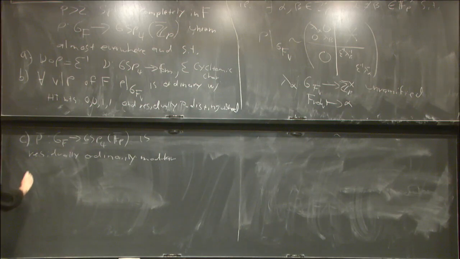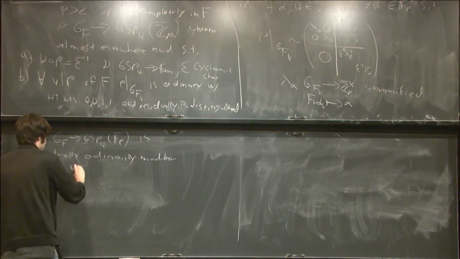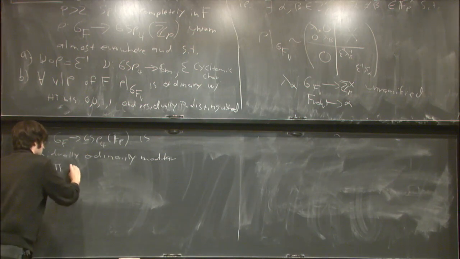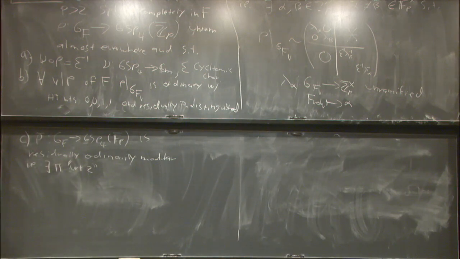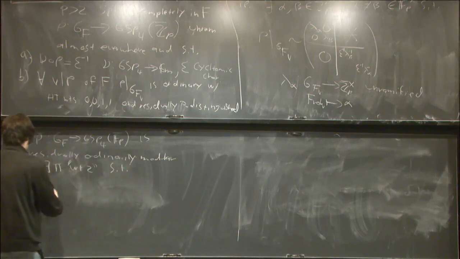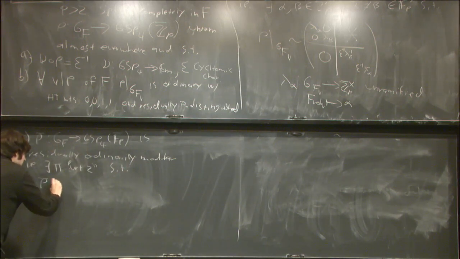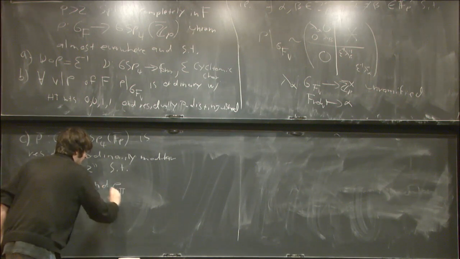What that means is there exists some pi, an automorphic representation of weight 2, which means something about the infinitesimal character at the Archimedean place; I'll be more concrete about what weight 2 means later. Such that rho bar is equal to rho pi bar, and rho pi satisfies A and B.